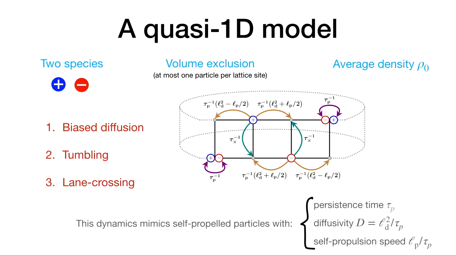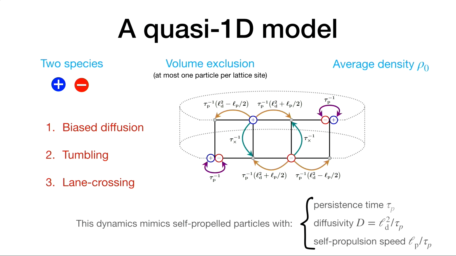So these are the three rules, and this dynamics mimics a self-propelled particle with persistence time tau p, the time over which the particle goes in one direction. The diffusivity is LD squared by tau p, and the self-propulsion speed is LP by tau p. Here LD and LP are dimensionless lengths, measured in terms of the lattice spacing.